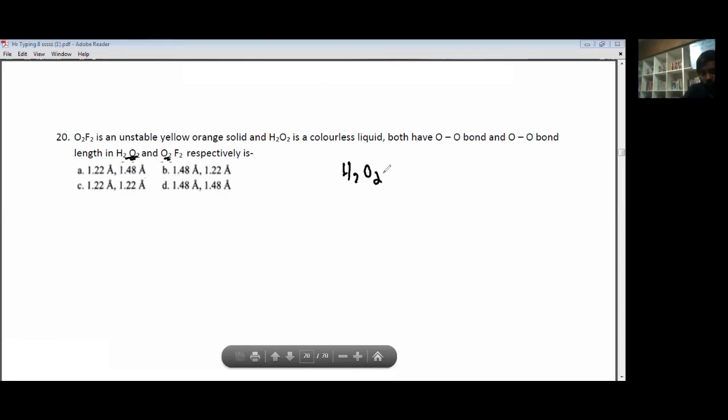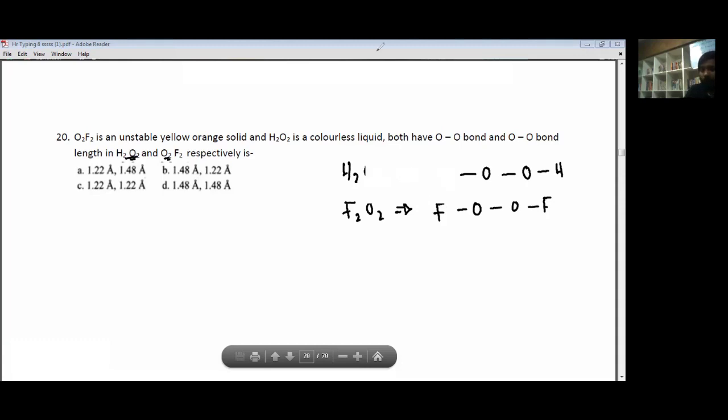So if we have H2O2, what is the structure? H-O-O-H. What about O2F2? The structure is F-O-O-F.